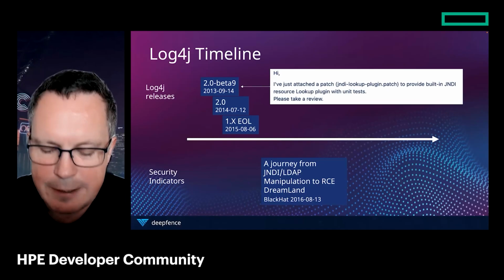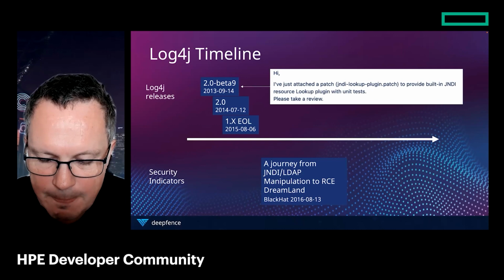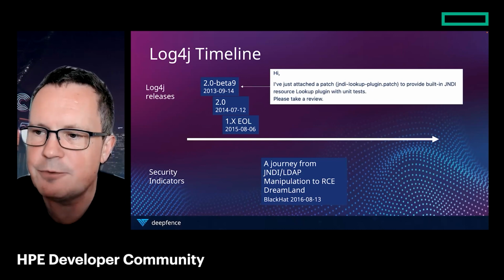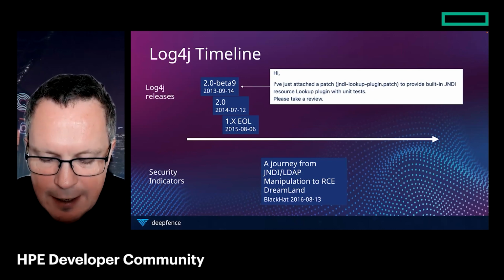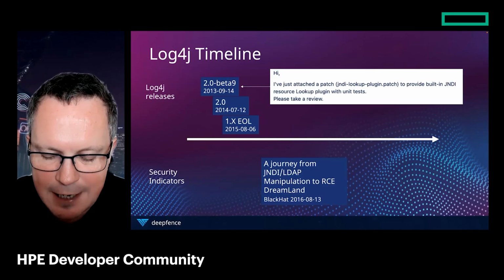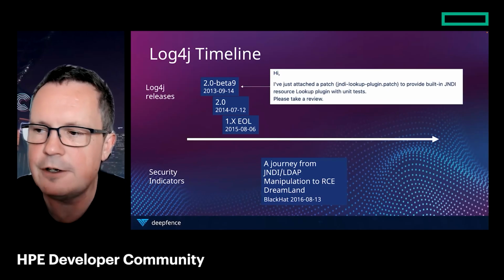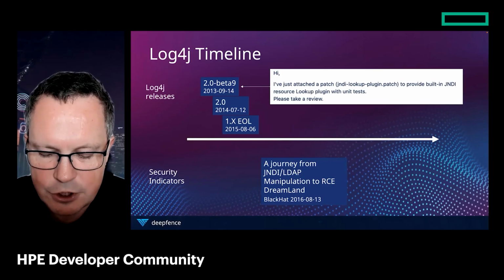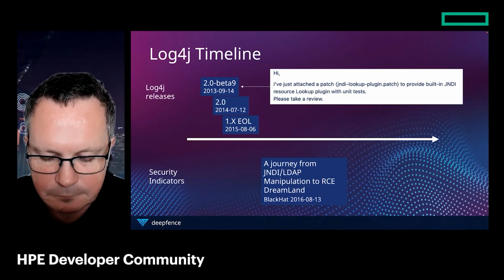The code was extremely well-intentioned. The patch that was introduced was there to help particularly complex enterprise users configure and manage their logging behavior to a very, very fine degree.